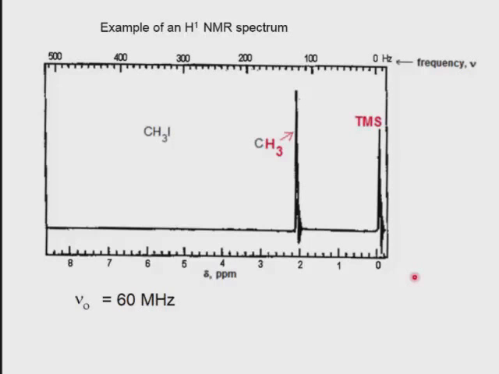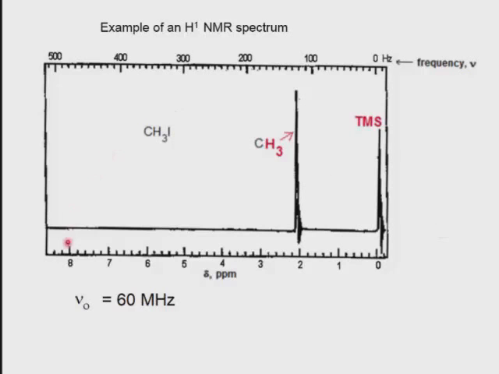Now procedurally, when an NMR spectrum is generated for a sample, the TMS signal is located and always set to 0 frequency, as well to 0 delta, 0 ppm. This is done either manually or by computer.